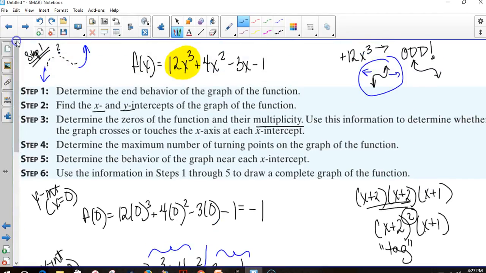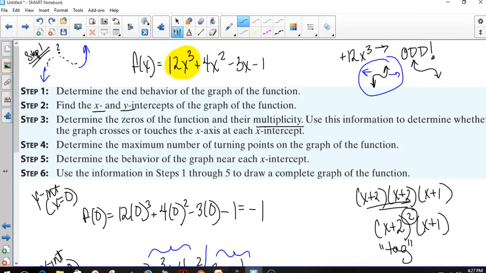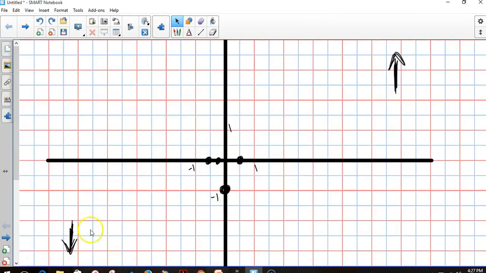And so I know that now I'm coming up through this. So my arrow is not here, but is all the way over here.